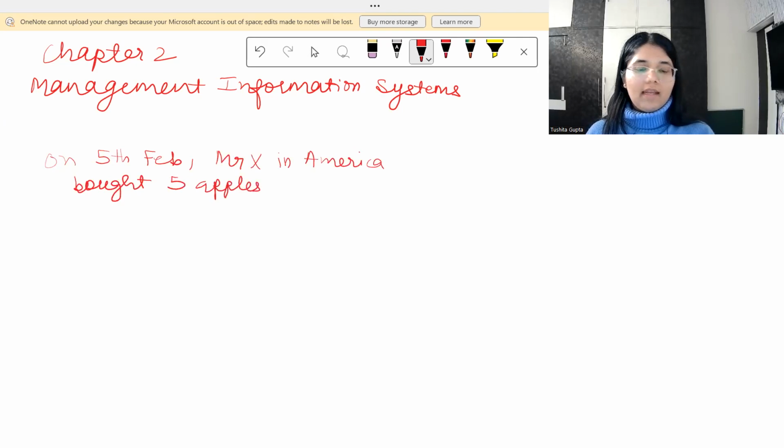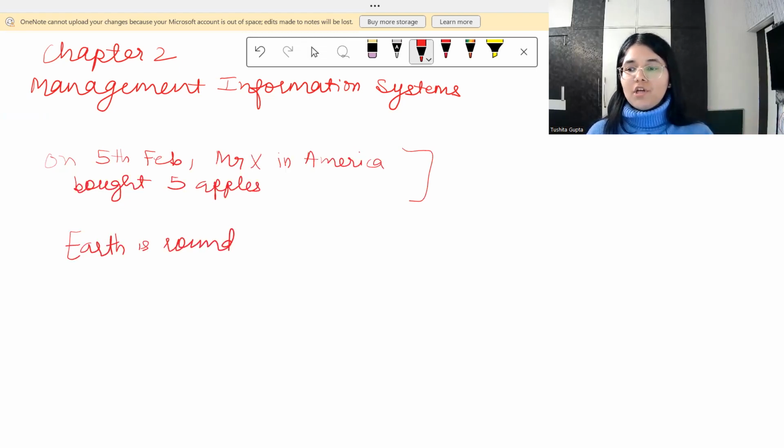Is there any value that you can get out of this information, out of this data? So basically, this is just a bare fact which I have presented in front of you. Any random piece of fact or figure, maybe I'm giving you a fact that the earth is round, is something which is unprocessed.